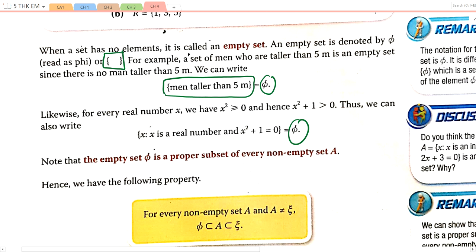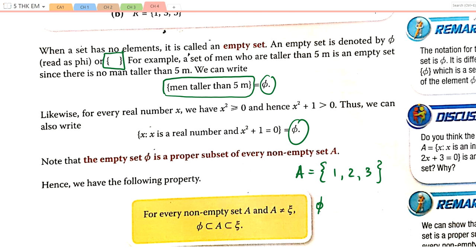Then the final point is that the empty set phi is a proper subset of every non-empty set A. What this means is that for a non-empty set A, for example, if A is represented by 1, 2, 3, then the set phi is an empty set.